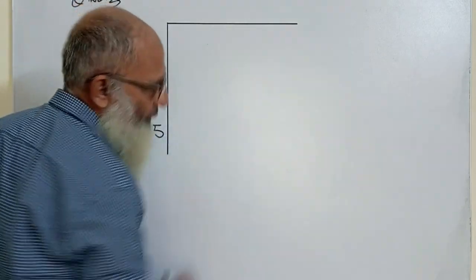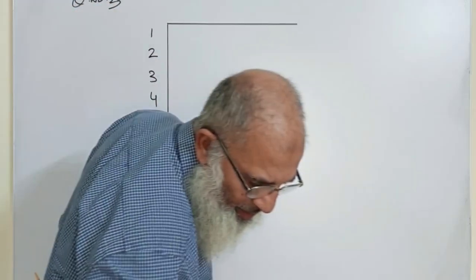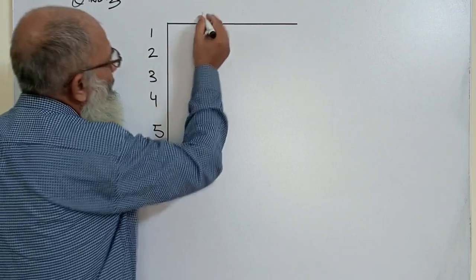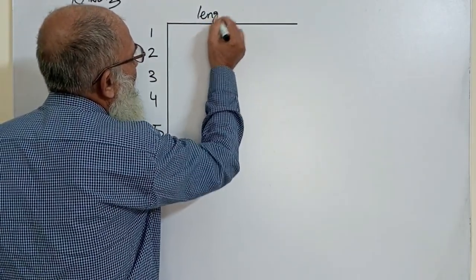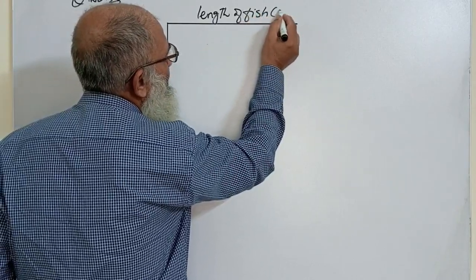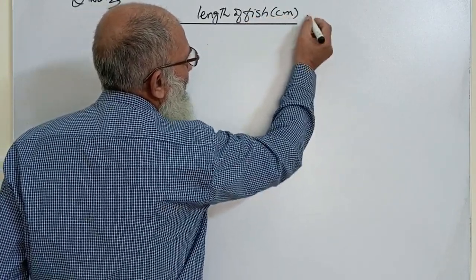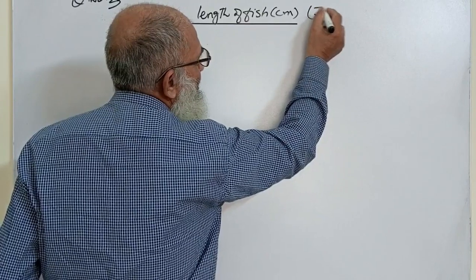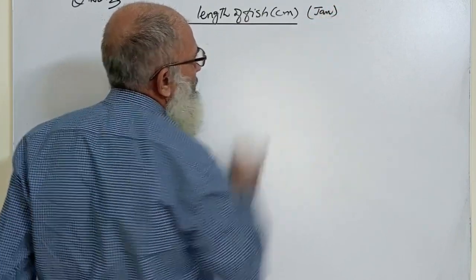This is the length of the fish, length of the fish in centimeters, in January.